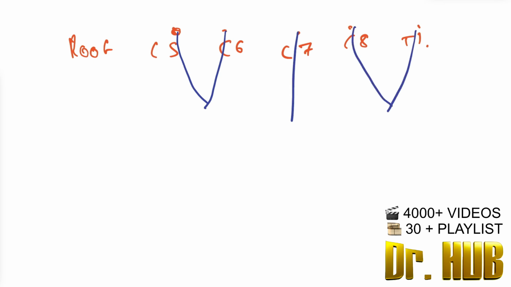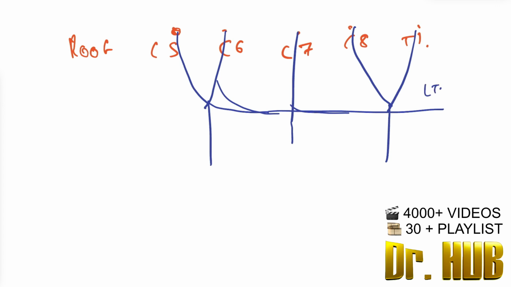All this, they form divisions. So all these branches, upon uniting, form the long thoracic nerve.